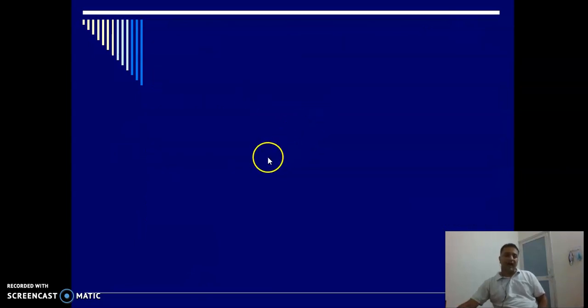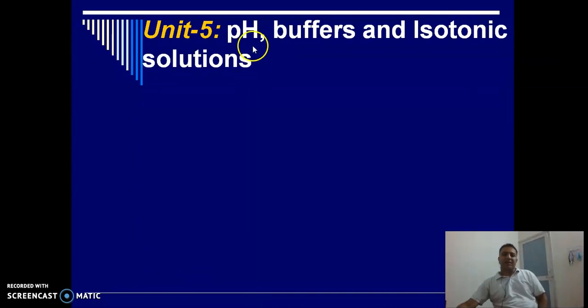Now the last unit is pH, buffer and isotonic solutions. Here we have to study about pH, means Sorensen scale, buffer and isotonic solutions.